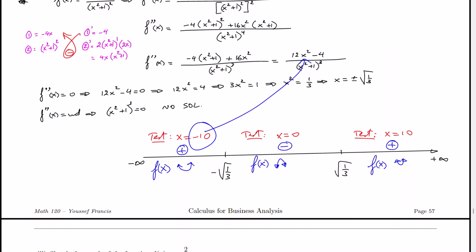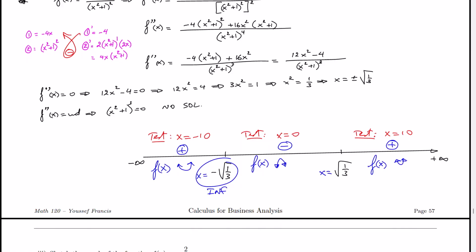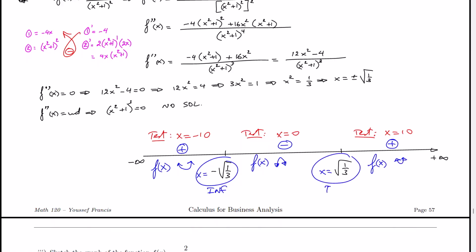So we went from concave up to concave down to concave up again. So what does that mean? That means that x equal to negative square root of 1/3 is an inflection point. And also x equal to the square root of 1/3 is an inflection point as well. So we do have, in fact, two inflection points, the square root of 1/3 and negative square root of 1/3.